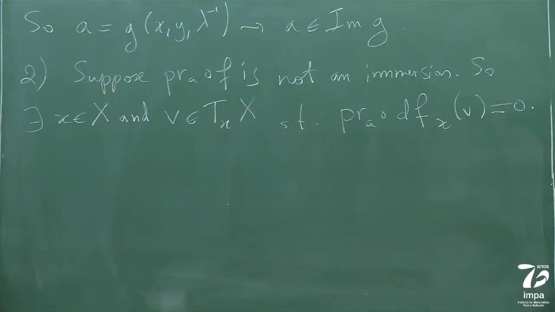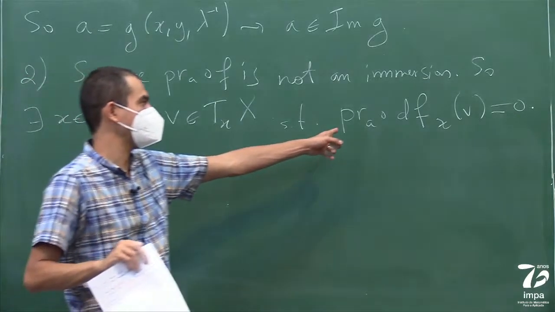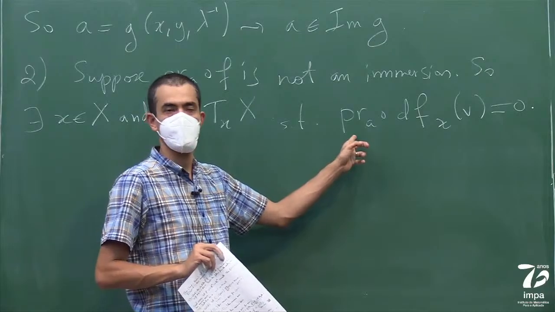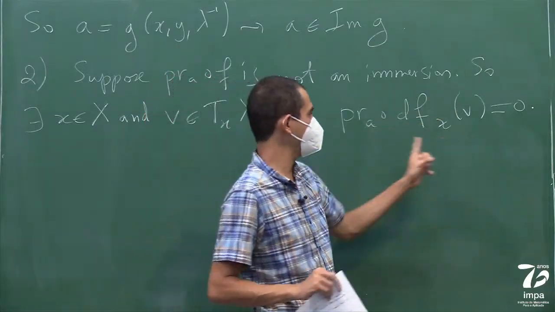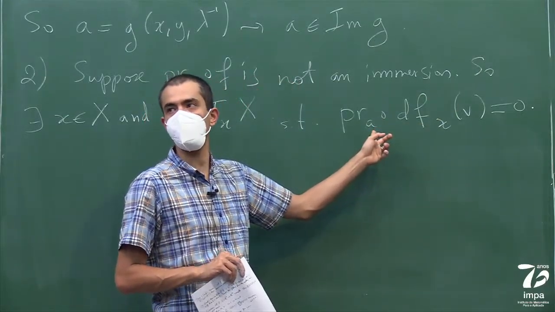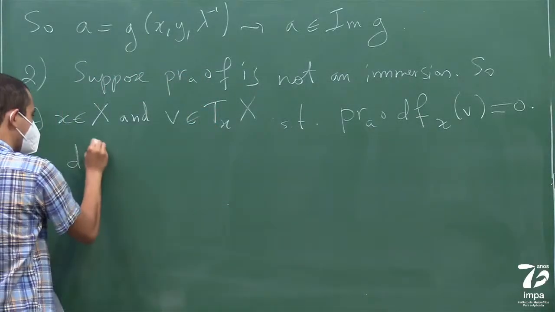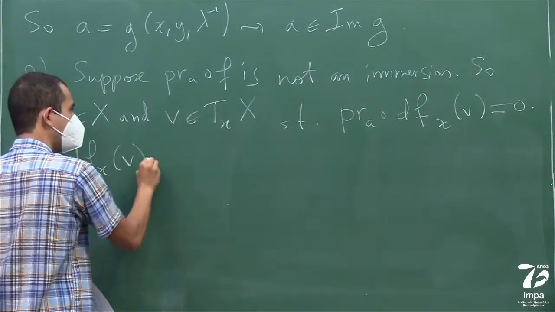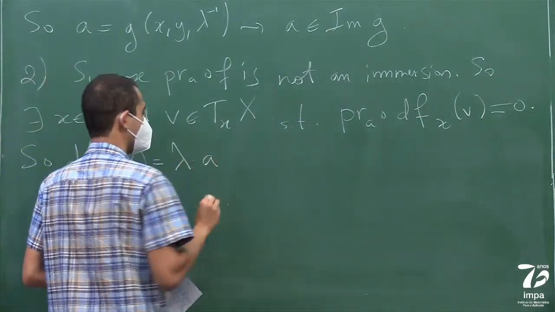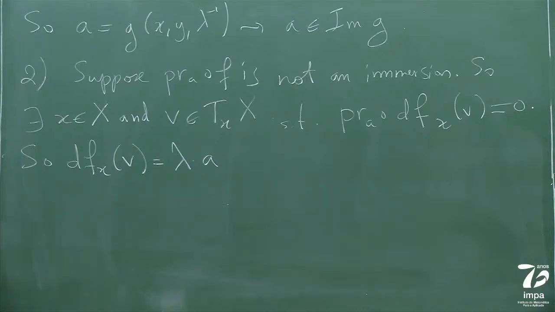This is the derivative of the projection, which is the projection itself. So that means that this guy has to be a multiple of A if I'm projecting and getting 0. So df_x of v is lambda times A. OK?